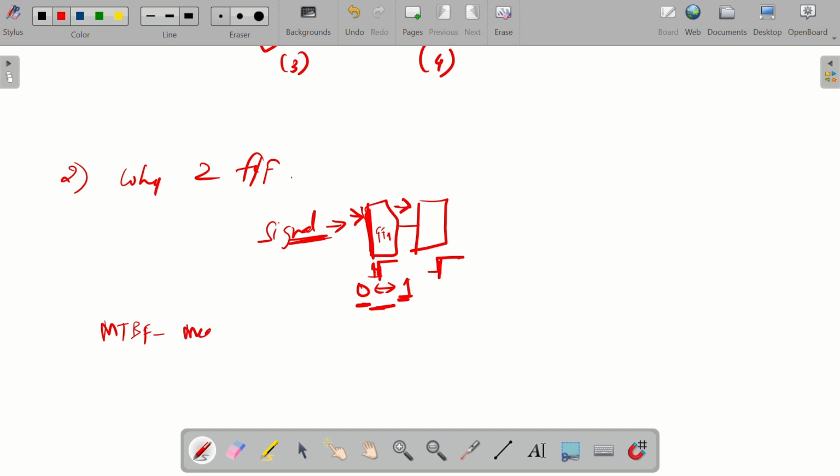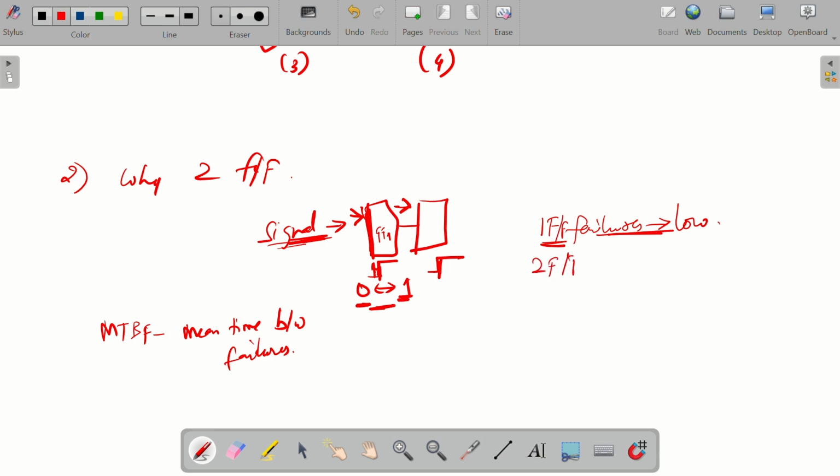MTBF refers to your mean time between failures. Mean time between failures drastically increases as the number of flip-flops increases. For example, if the signal is passed through one flip-flop and then passed to the other clock domain, then the mean time between failures is low.